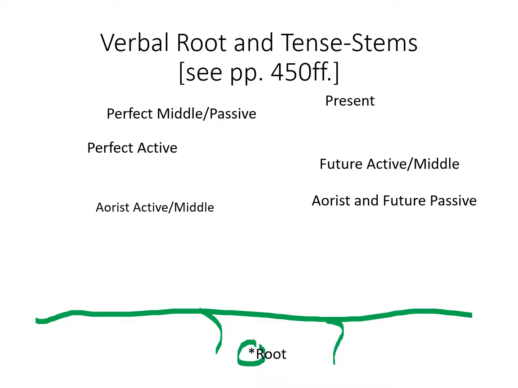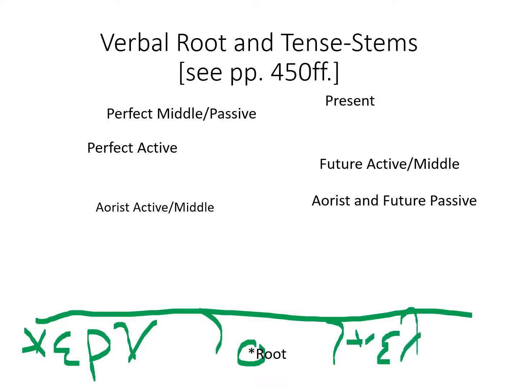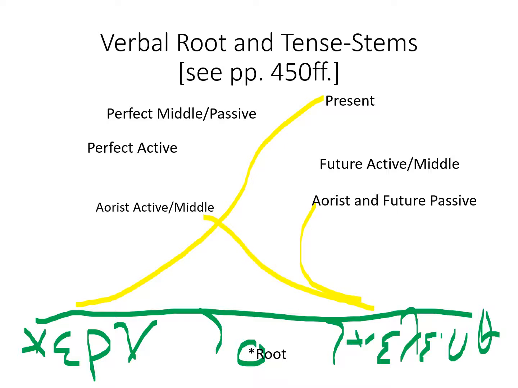We have noticed already that we have one stem is erch, another is eleuth, and we have seen that the present pulls up the root erch, but all other stems, the aorist and the future, all pull up eleuth here as our stem.